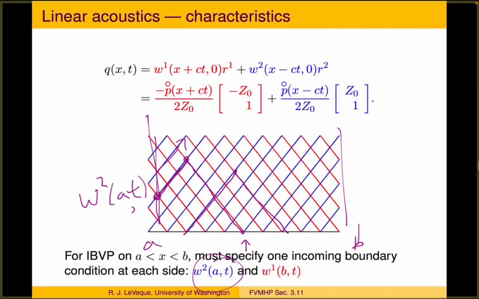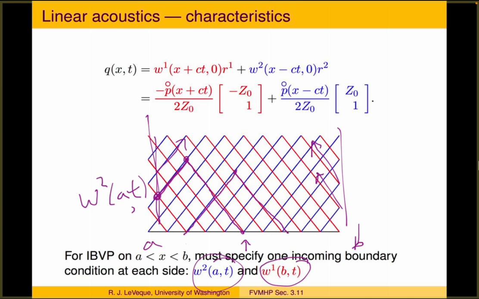Whereas at the right side, it's the red characteristics that are coming in inward. Those are the characteristics that are carrying the information that's moving along the 1-waves. And so at the right boundary, it's W1 that we need to specify. So for the acoustics equations, we always have one positive eigenvalue, one negative eigenvalue.